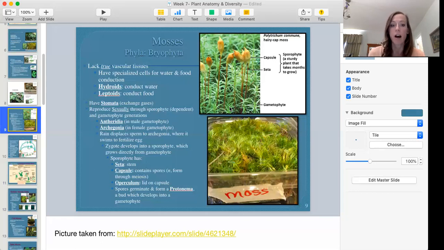So these reproduce sexually, like I said, through the sporophyte, which is dependent on the gametophyte. And this happens through, again, production of the antheridia and the archegonia. So there's going to be two different male and female gametophyte structures.